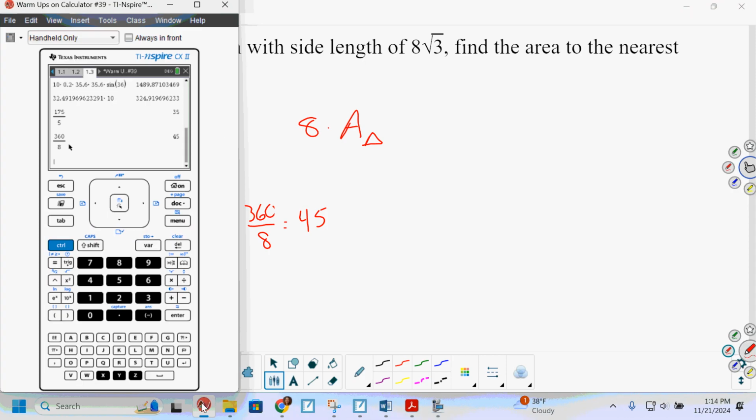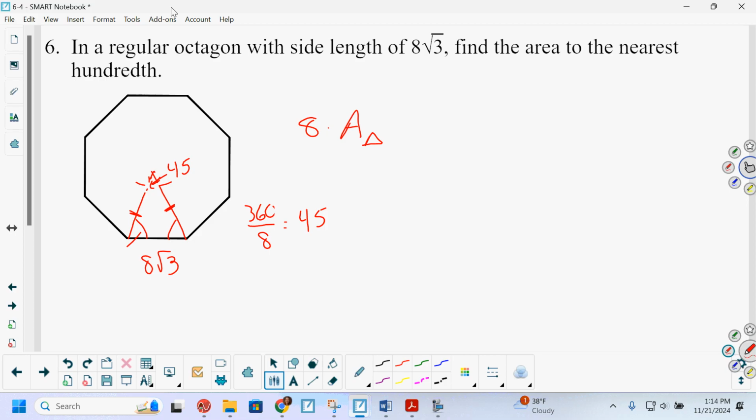So if I take 180 and subtract 45, how much is left for those two base angles? Oops, I divided twice. See that? 135 divided by 2, 67.5. So that could be helpful sometimes. I just wanted to point that out in case you needed to use it. All right, so I don't think that was super helpful.